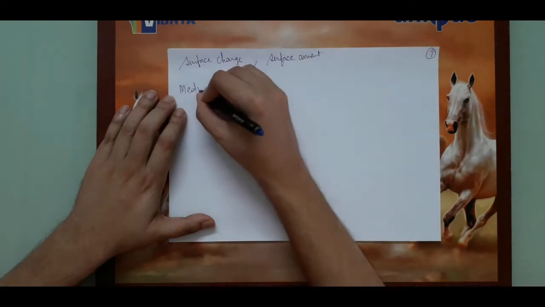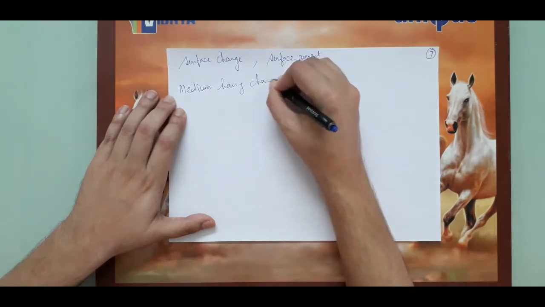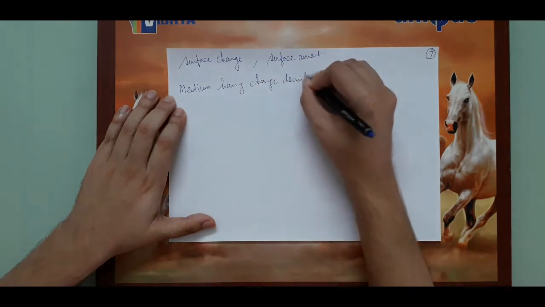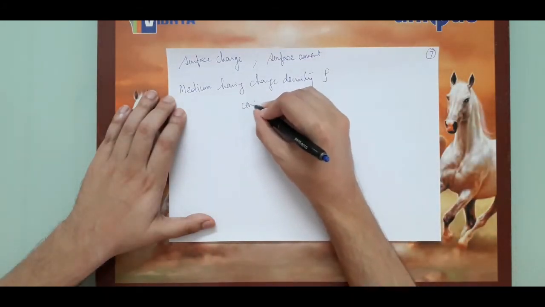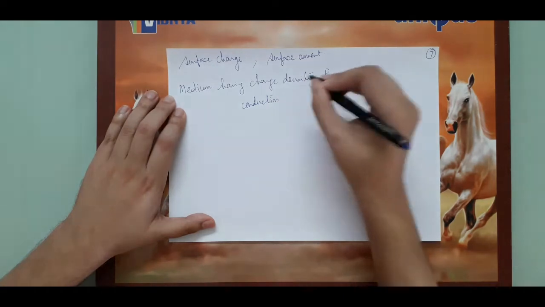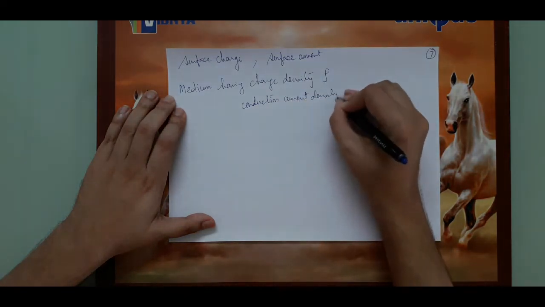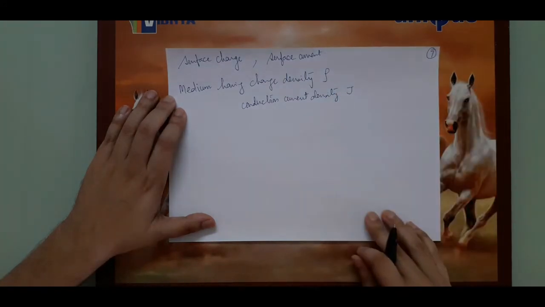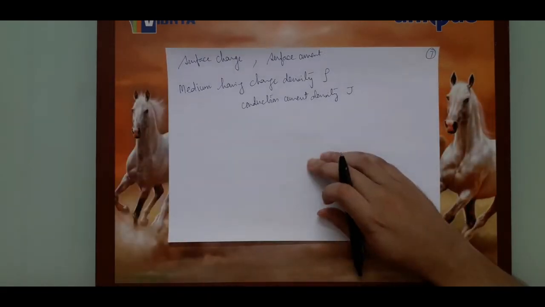So let's say that medium has some charge density rho and some conduction current density J. Now don't just say current density, because after looking at what Maxwell did, the term current density is very vague.